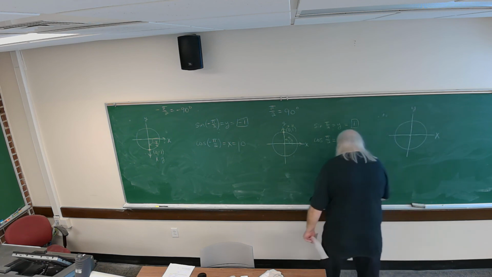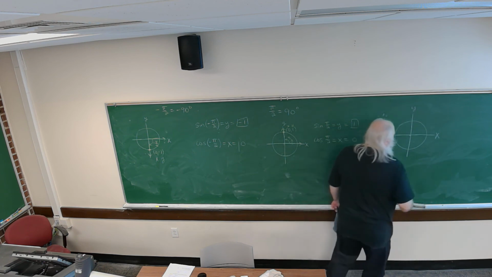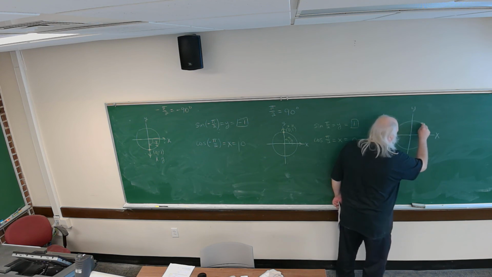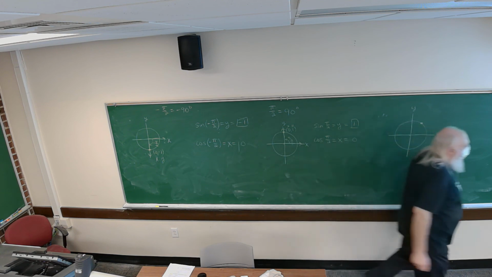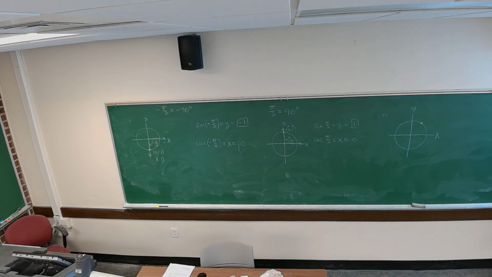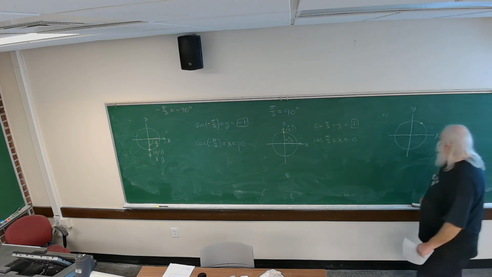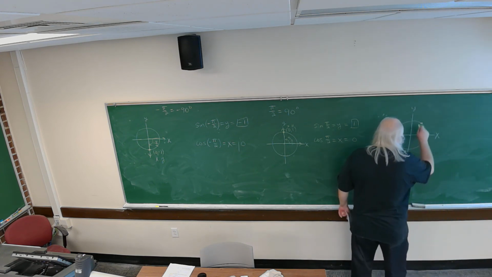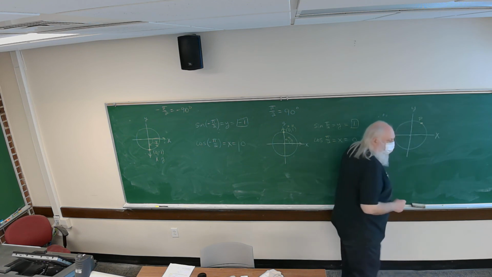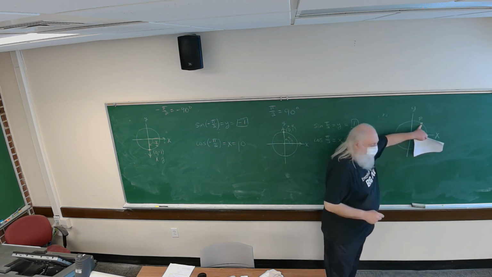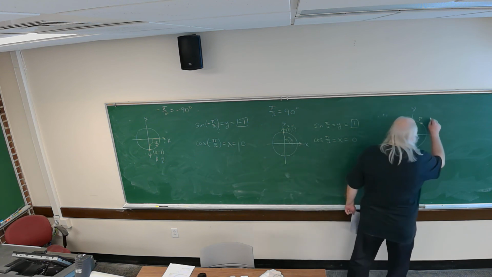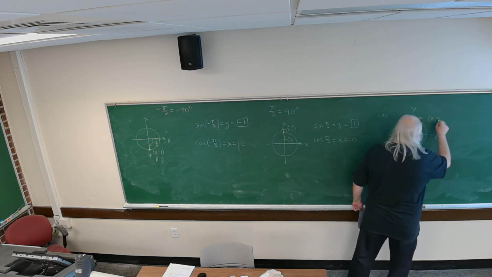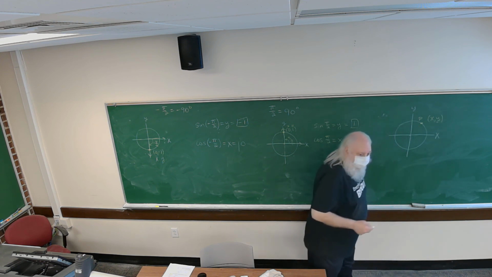So if the terminal side of the angle crosses the circle in the first quadrant, broken up into quadrant 1, quadrant 2, quadrant 3, quadrant 4. Okay. So if the point P, the terminal side of our angle, crosses at this point, that point has an x coordinate and a y coordinate.